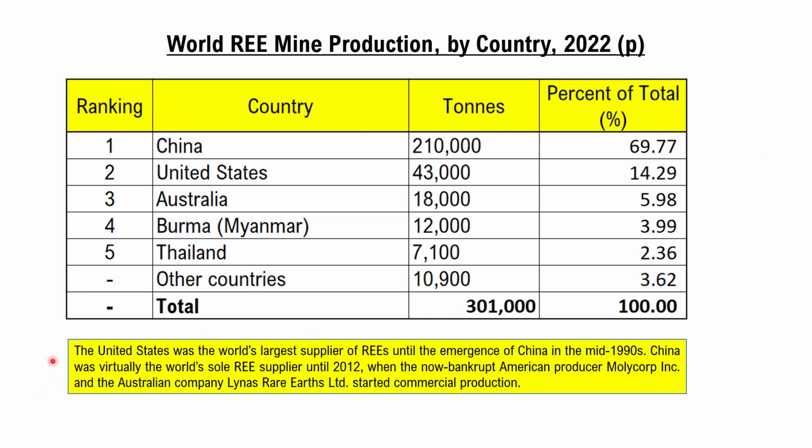By the way, the United States was the largest supplier of REEs until the emergence of China in the mid-1990s. China was virtually the world's sole REE supplier until 2012, when the now bankrupt American producer Molycorp Incorporated and the Australian company Lynas Rare Earths Limited started commercial production.